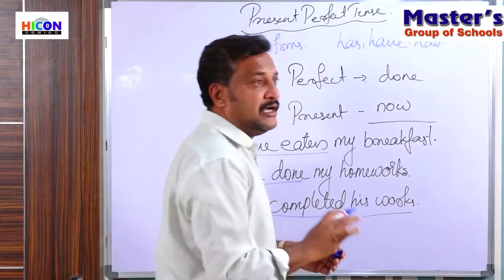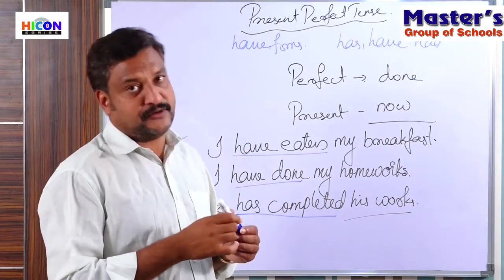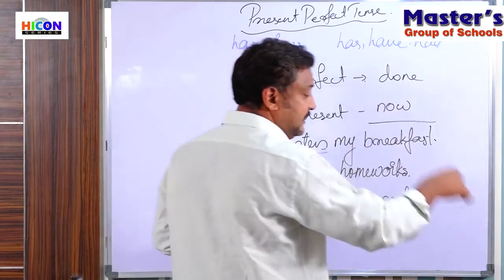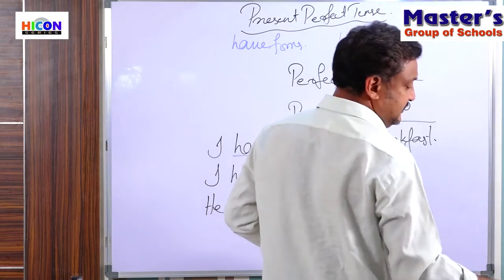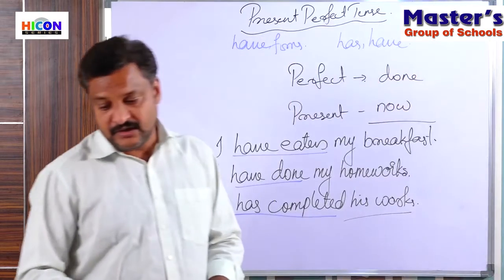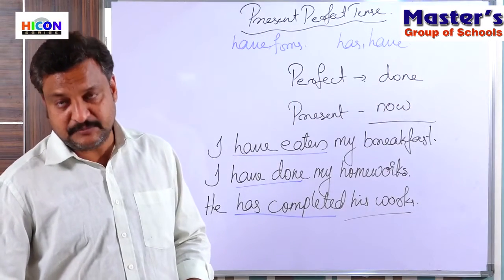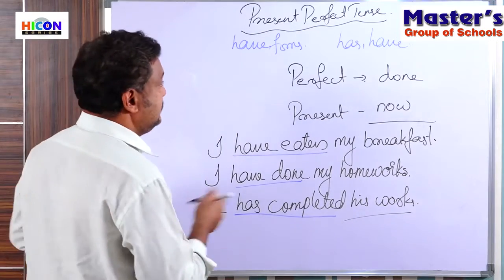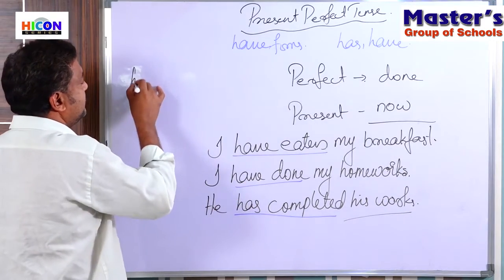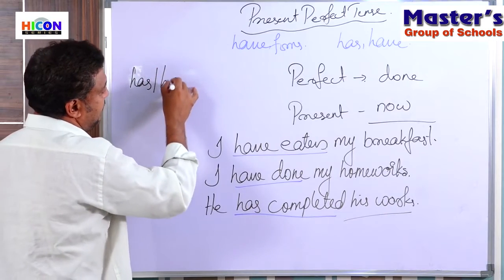Yes, these three are the perfect tense forms, right? And in that, had is a past tense, isn't it? Yes, had is a past tense, so we don't want to use that. We don't want to use had in the present perfect tense form because had is a past tense. So what do we use? We use has or have.